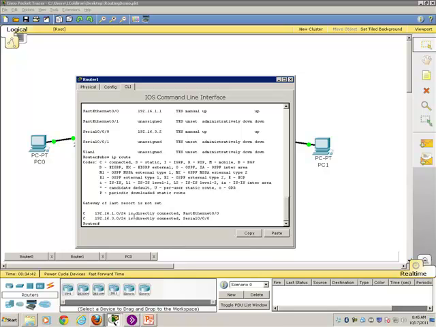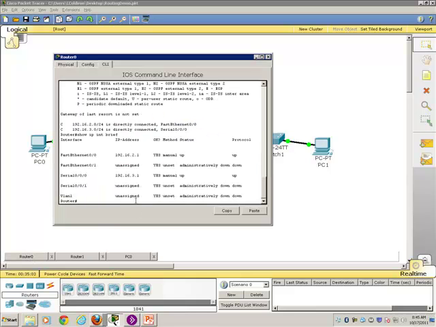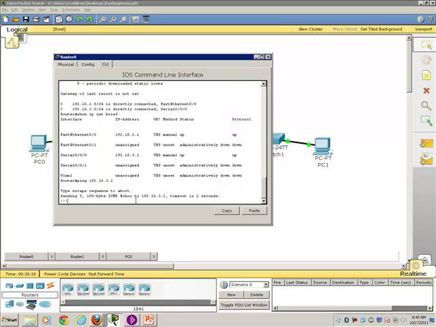What if I pinged it from router 0? Would it get back? You don't think so? I bet it does. Why? Both of them know about the 3 network, don't they? Directly connected. Let's see. So router 0, show IP interface brief. So let's ping 192.16.3.2.